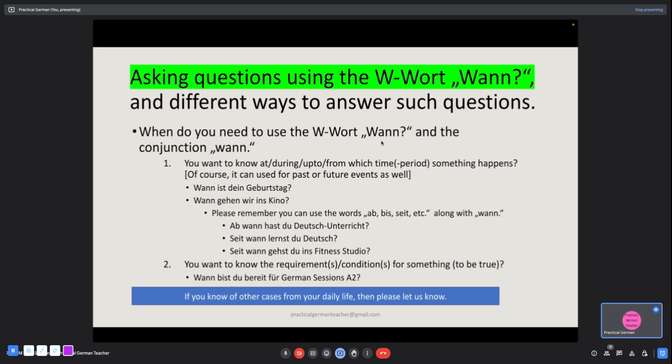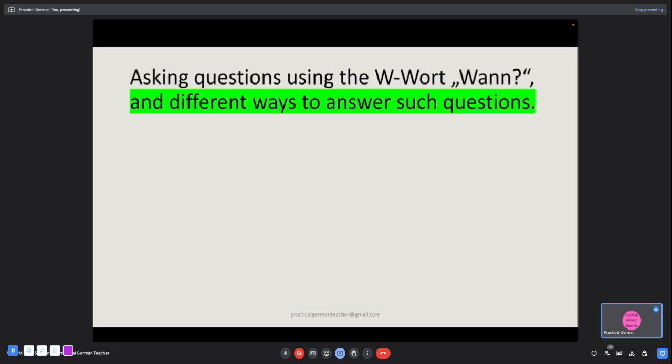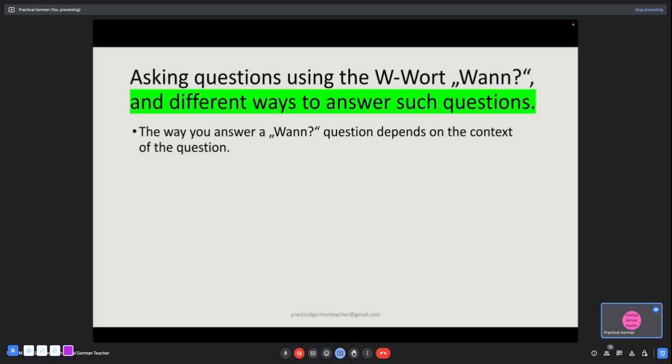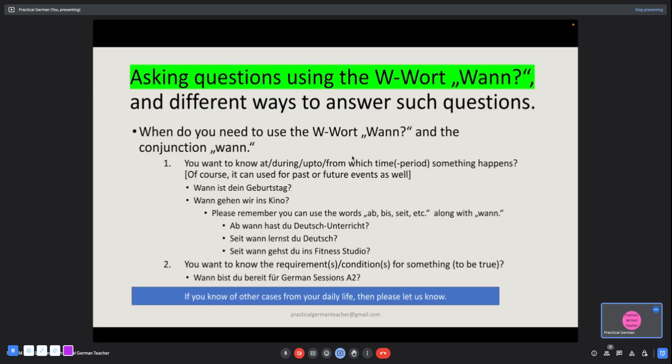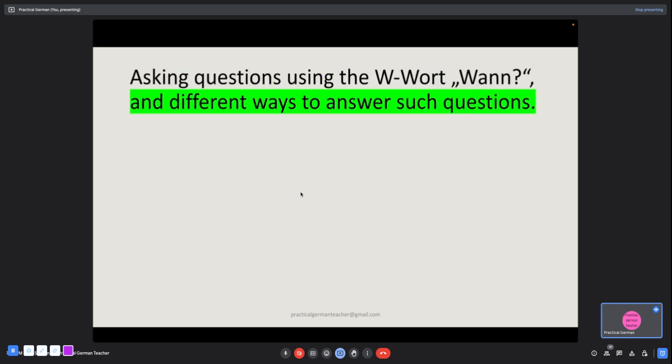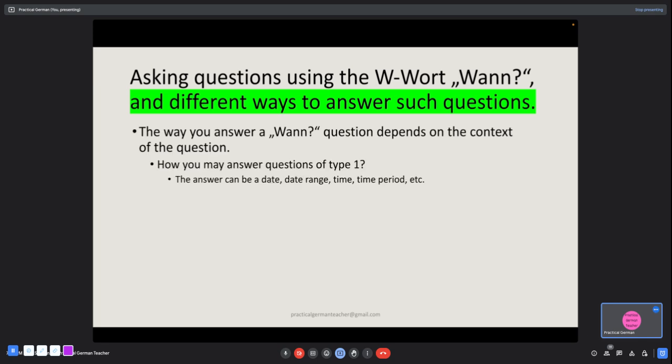So this we covered asking questions. Let's focus on how you can answer. The way you answer a question depends on the context of the question. As I said, for example, wann gehen wir ins Kino, you can just say on Friday, or you can say never, or after you finish your homework. It depends how the question is being asked or how you want to answer it. So how you may answer questions of type 1: the answer can be a date, a date range, or a time period.